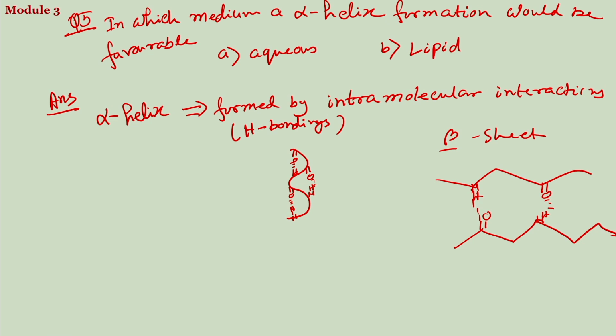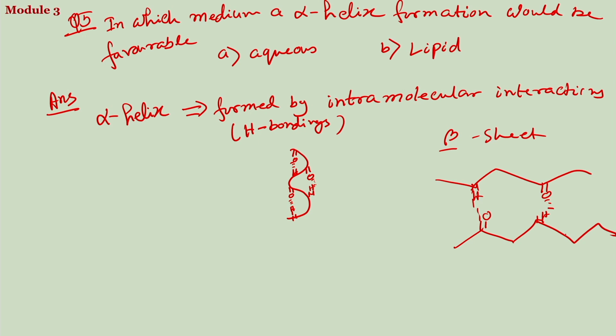So, within a molecule, what will happen? If you keep it in aqueous medium, then the chances are high that your polar groups NH and CO, both are polar, they would want to be exposed towards the aqueous medium, that means towards the outside of the backbone, and that will increase your chance of beta sheet formation.